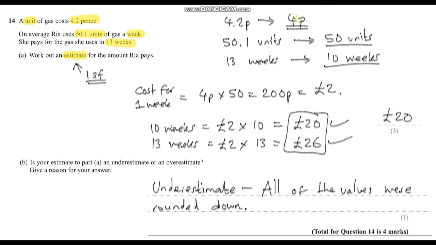So the true cost would actually be more expensive. The number of units we used should have been more, and the number of weeks included in the cost should have been more. So everything resulted in a cheaper value, so we underestimated.